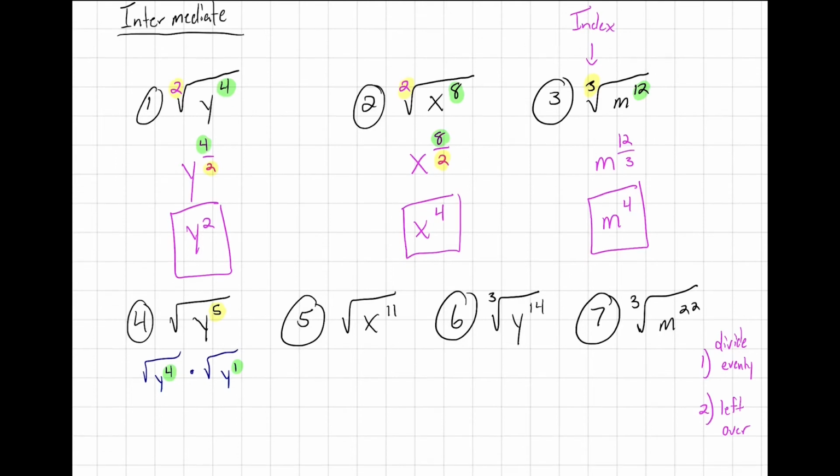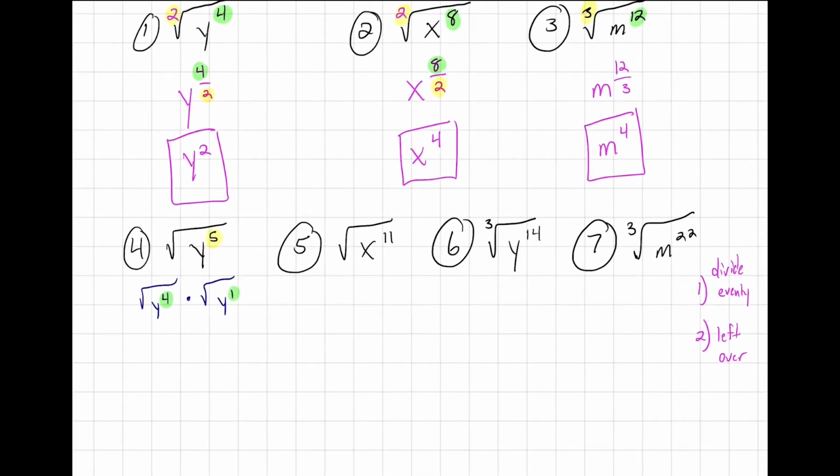Because then at this point, as I scroll up, the left exponent can become 4 over 2. And the right radical we can't do anything with, so we just leave it. Notice right here, I also did not write the exponent of 1, and that's just because you don't have to.